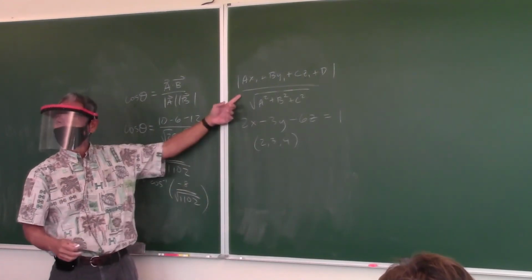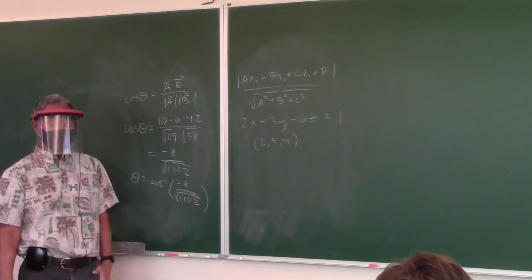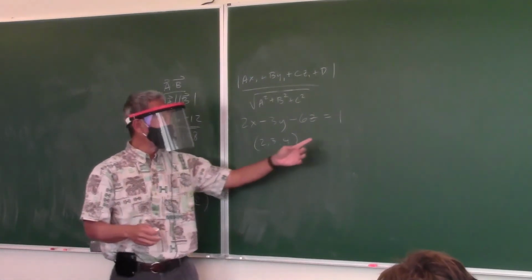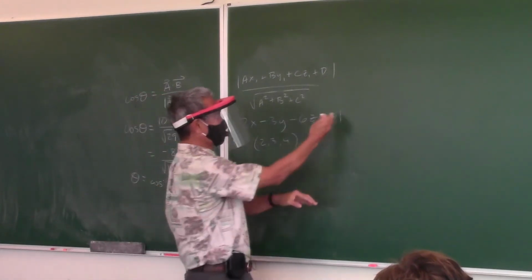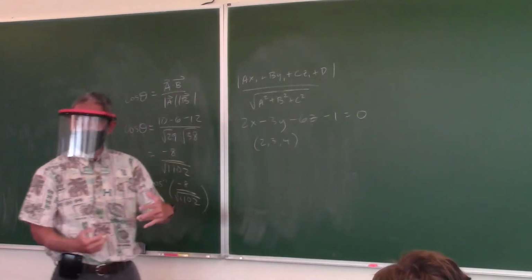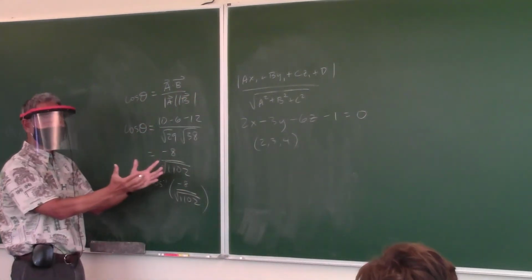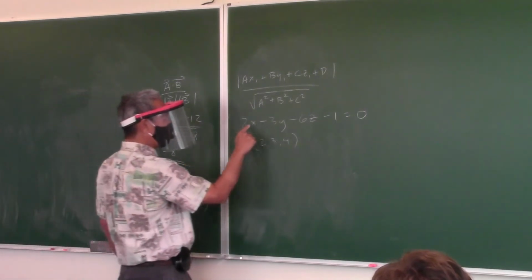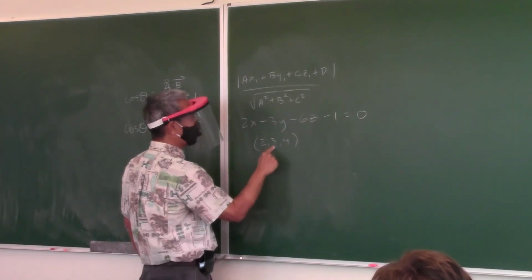All you gotta do is use this formula. But we gotta do one thing first. The equation has to be in general form. That means you gotta make one side 0. So you gotta bring the 1 over. So minus 1 equals 0. I gave you an opportunity to make the answer come out nice. Let's see if you actually did it. So this is A, B, C, and D. That's x1, y1, z1.